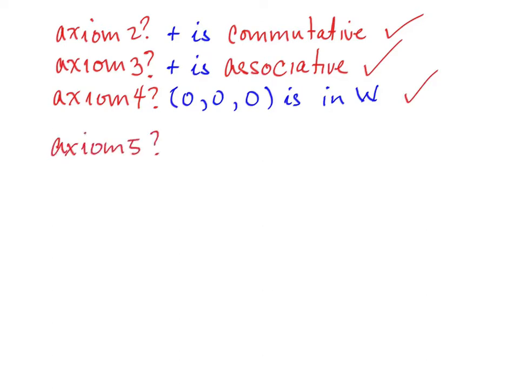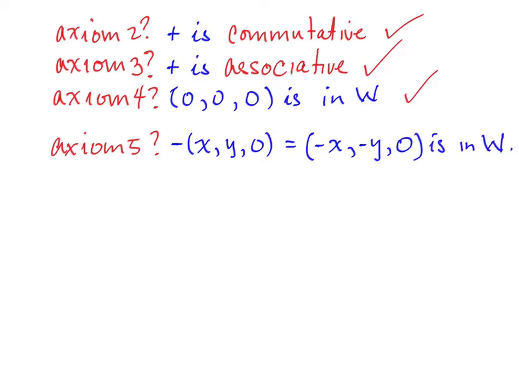And the fifth axiom: do we have additive inverses? Well, the additive inverse of an ordered triple is just the ordered triple where you multiply each component by -1, and when you multiply 0 by -1, you do get 0. So additive inverses are also in W. The sixth axiom: we want to check that it's closed under scalar multiplication.